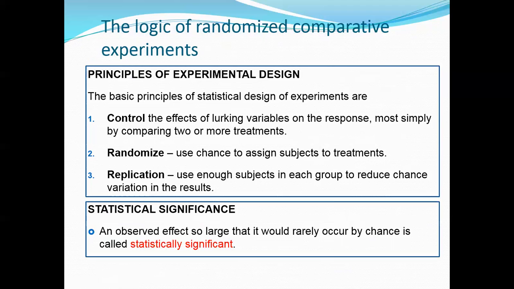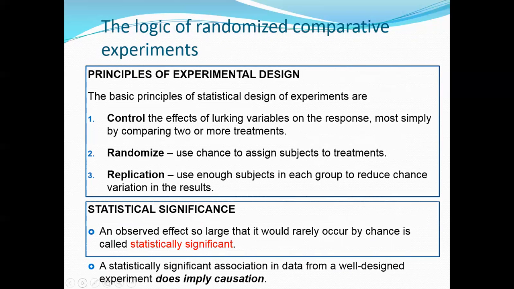Statistical significance: an observed effect so large that it would rarely occur by chance is called statistical significance. A statistically significant association in data from a well-designed experiment does imply causation.